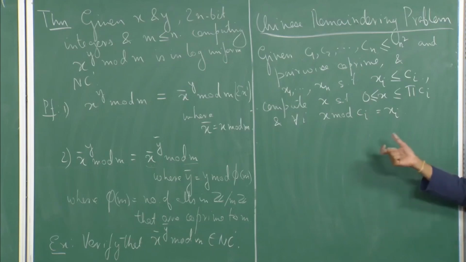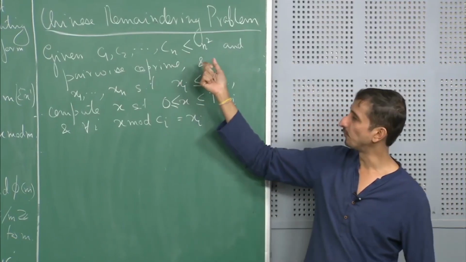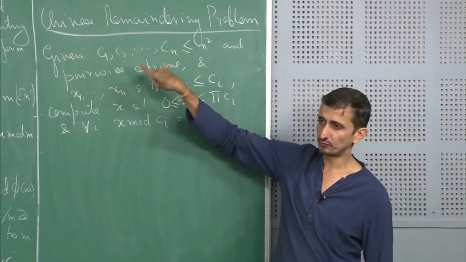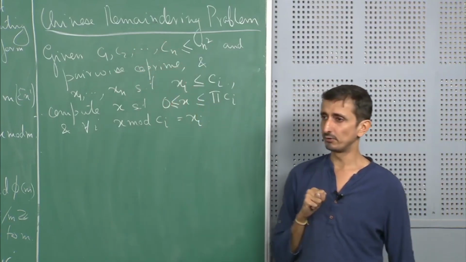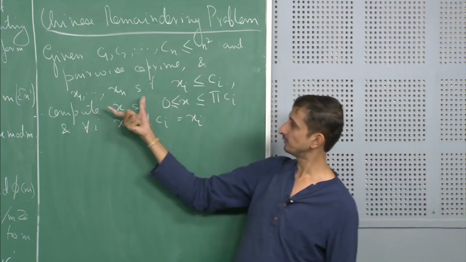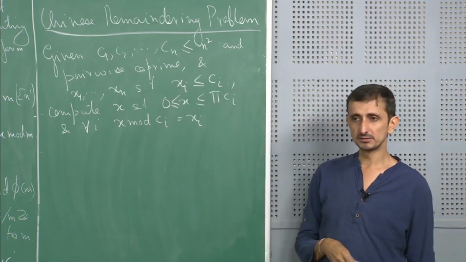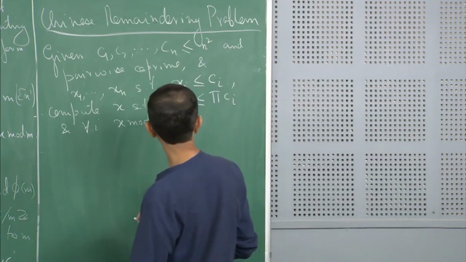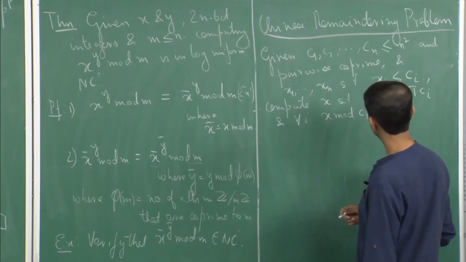What this problem says is that we are given a set of numbers that are small in the sense that they are bounded by n square and they are pairwise co-prime. So for any i, j, the GCD of ci and cj is equal to 1. You are also given another set of n integers such that each xi is less than ci.